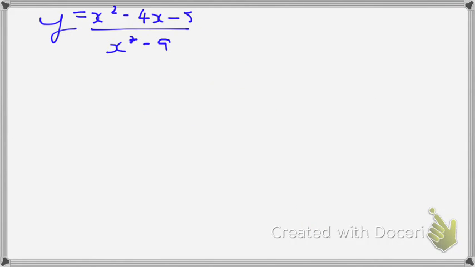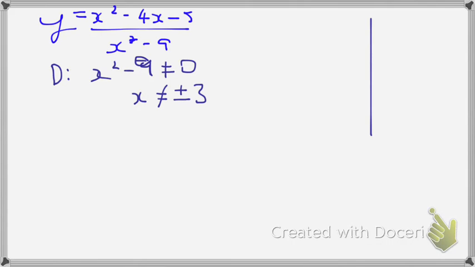Okay, so firstly, domain, D. Clearly I can't divide by 0, so my domain is going to be x squared minus 9 can't be 0, which is the same as saying x cannot be equal to positive and negative 3. So if I start putting stuff on the diagram as I go, that means I've got my asymptotes.